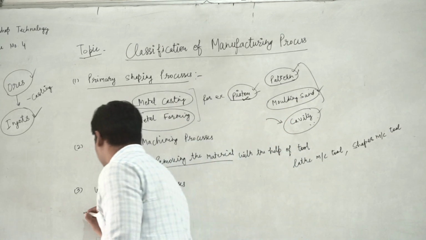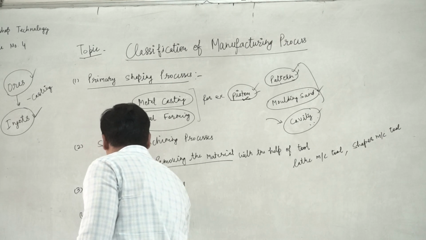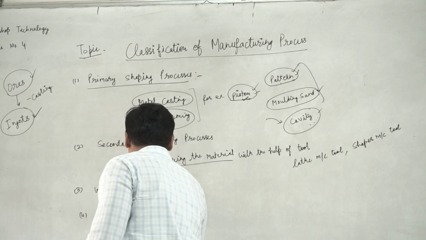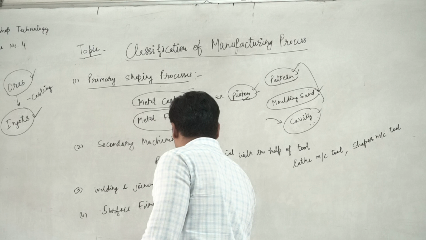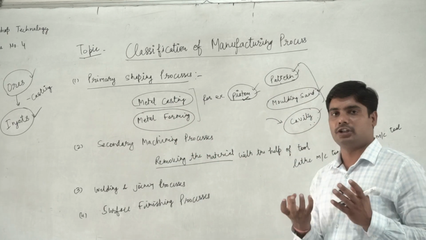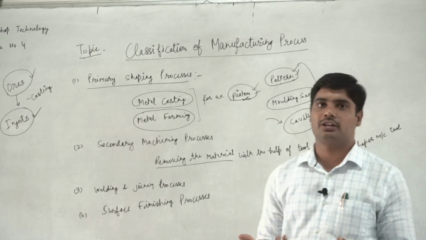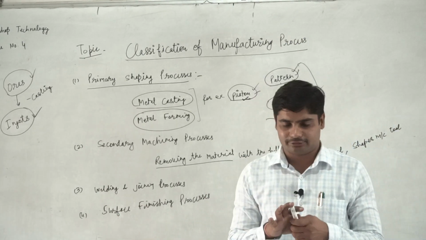And fourth classification is surface finishing processes. Now we have obtained a kind of product that is identical with the product which we are looking for, but it is very rough.